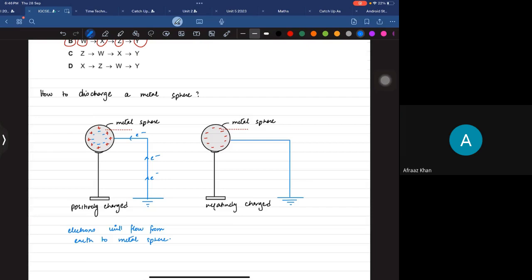And for the other one, what should we write? The electrons will flow from the metal sphere to the earth. Yes, we will only talk about electrons. Do not talk about protons moving. We're gonna say electrons will flow from metal sphere to earth.